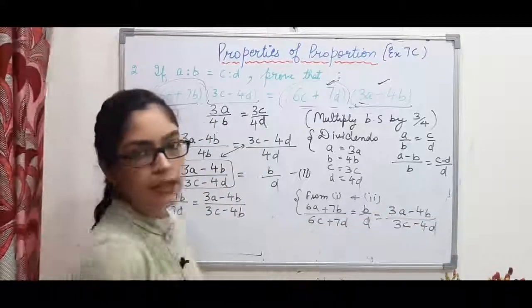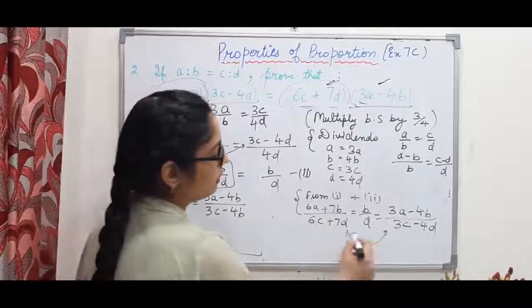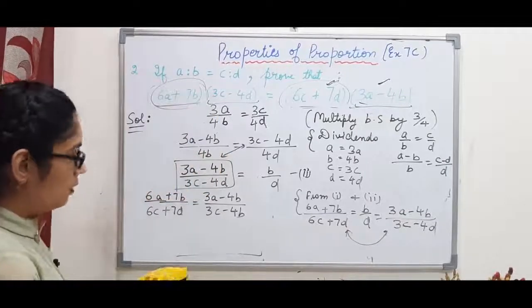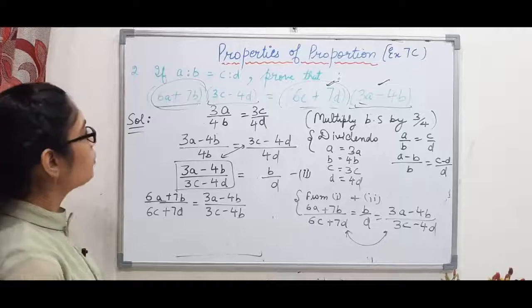Because both of these are equal to b by d only, that means both of these are equal to each other. Now see what we have to prove.